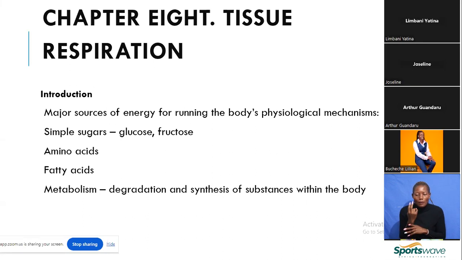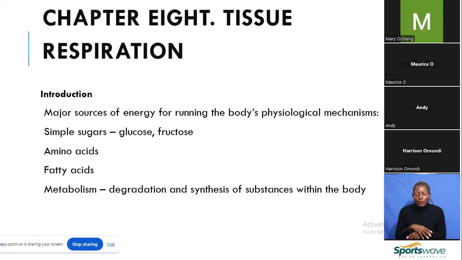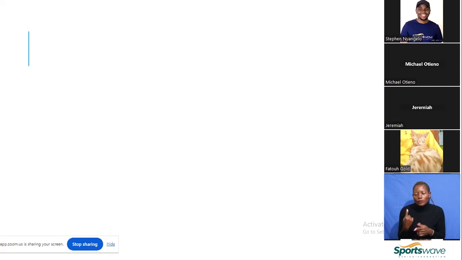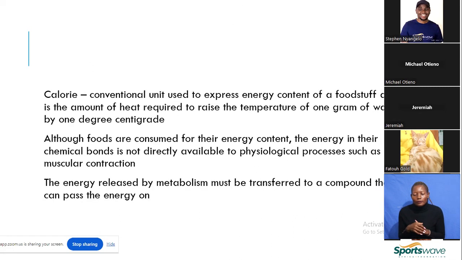And then we need now that metabolism, where you see the body cannot utilize these food chemicals the way they are. It needs to be broken down. And this is where oxygen comes in, because you need to break down the carbs into simple sugars. Then, of course, I've explained about a calorie there, a conventional unit for energy.